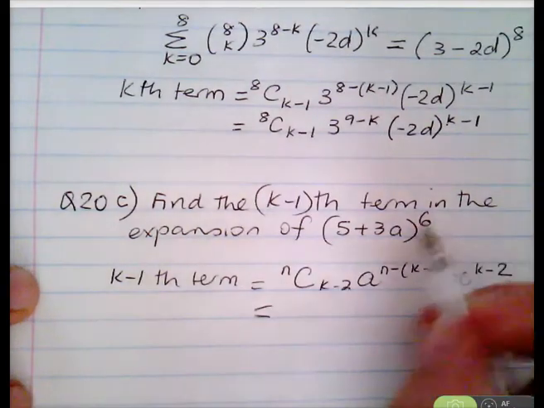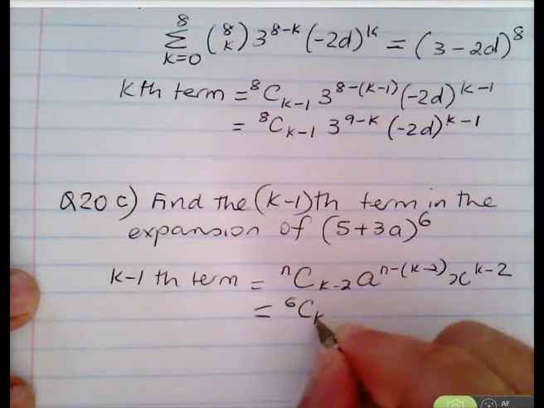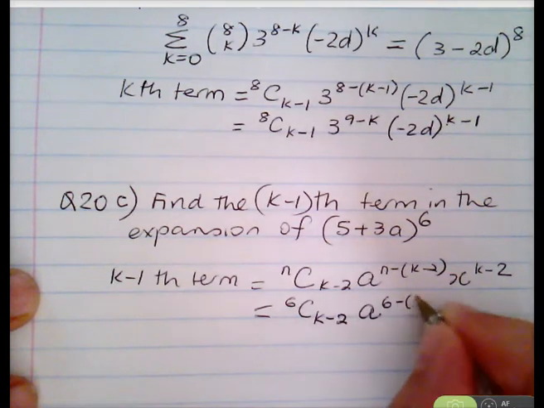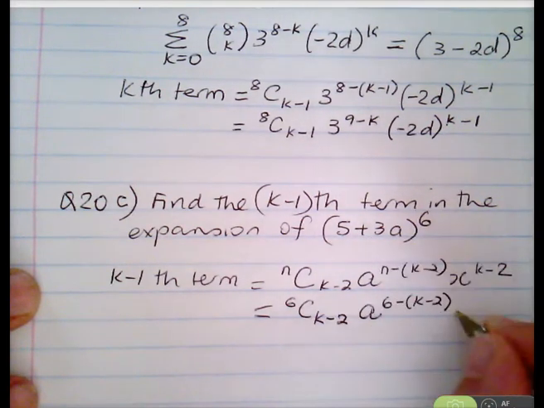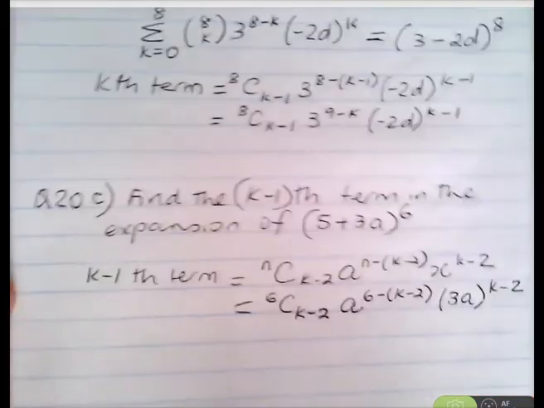So just using this particular question here, we've got 6C(k minus 2) a to the 6 minus (k minus 2), and in this case our x is 3a to the power of k minus 2.